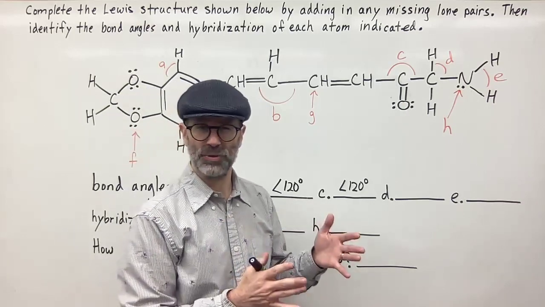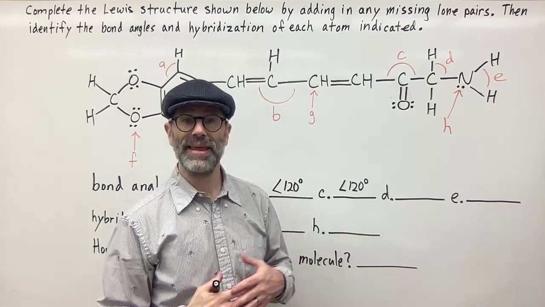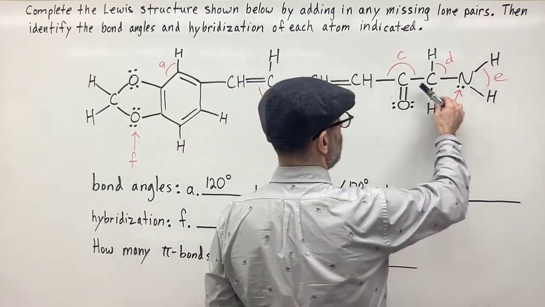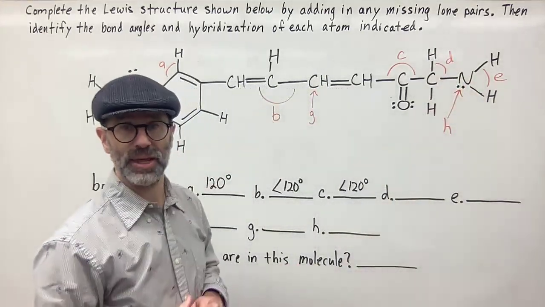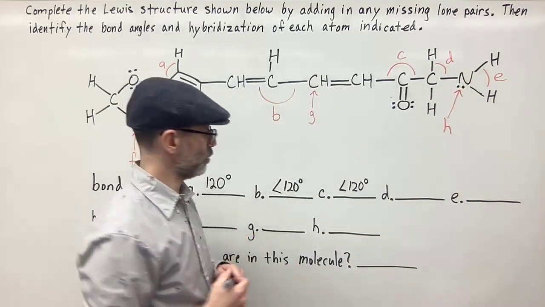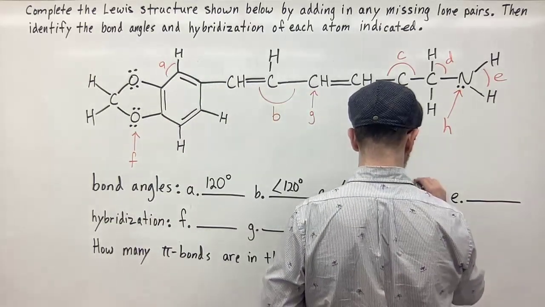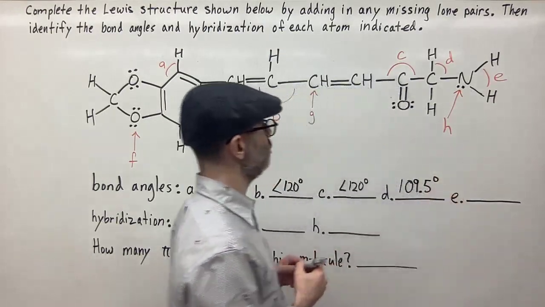So the electron group geometry and the molecular geometry will be identical, and that is tetrahedral. So because this is tetrahedral around the central atom there, the angle there is going to be 109.5 degrees.